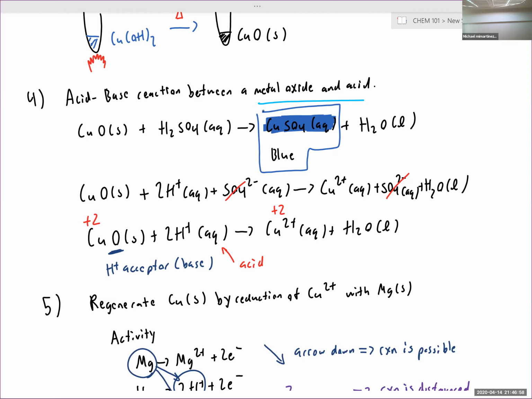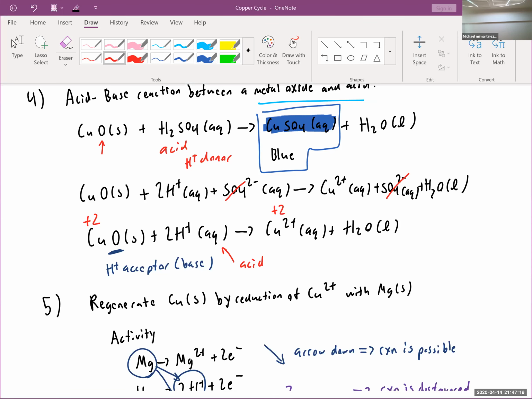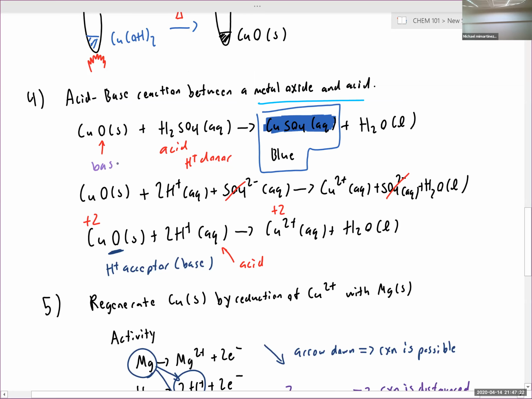Now, fundamentally, this reaction can be thought of as an acid-base reaction because we have sulfuric acid, which is serving as our acid, which is an H+ donor. And our oxide is serving as our base, which is accepting our protons. The oxide reacts with the hydrogens in sulfuric acid, so the base reacts with the acid to generate water.